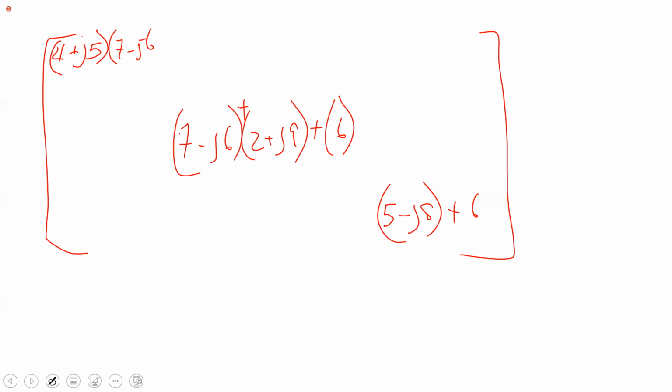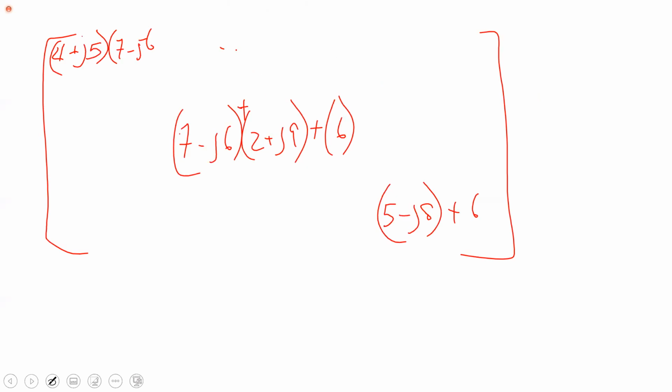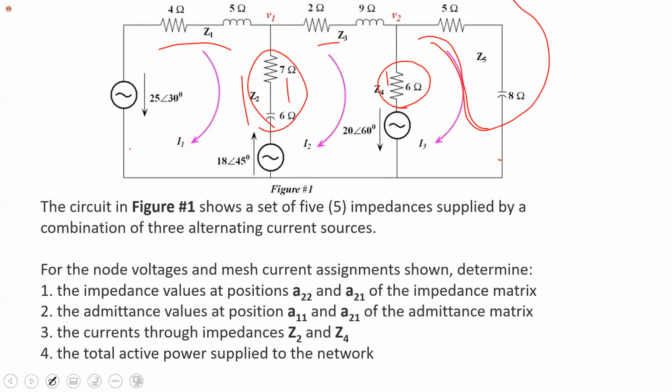And then we can now put in the off diagonal. So between mesh 1 and 2, we have 7 minus J6. So we'll have here minus 7 plus J6, which means that if it's between 1 and 2, then it's the same between 2 and 1. So that is minus 7 plus J6. There is nothing linking meshes 1 and 3.